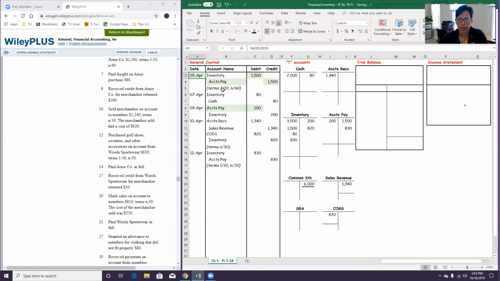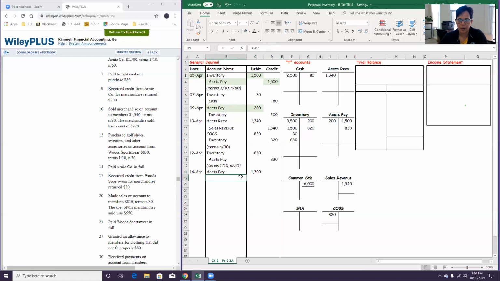The terms were 3/10 net 30. So the question is, on this day, now we're looking at April 14th when we're making the payment, is it within 10 days from the invoice date? And the answer is yes, which means I'll get a 3% discount on the amount that I owe. So first is, how much do I owe? Accounts payable is going to be debited 1,300.